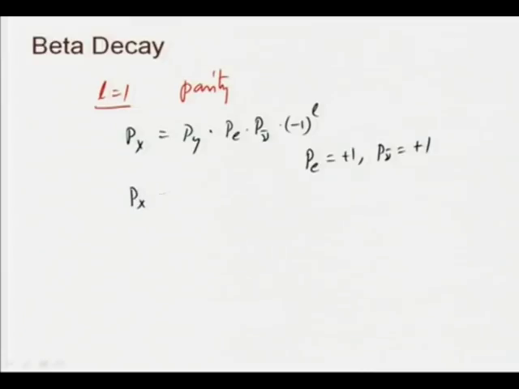So, P x is equal to minus P y. So, for L equal to 1, there is a parity change between the nuclear parities of the daughter and the parent nuclei. Okay. And fine, that is one thing.